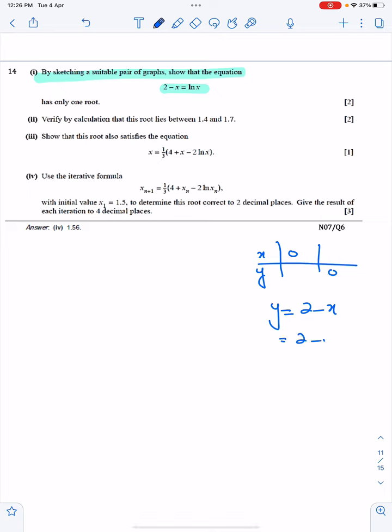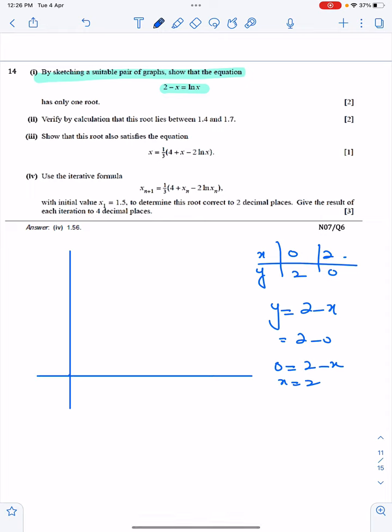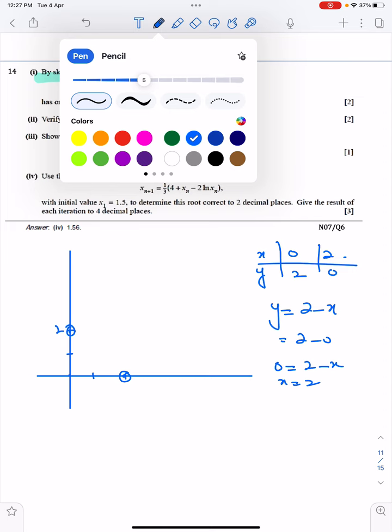So 2 minus 0 is going to give me a 2, and if I take y as 0, I will get 2 minus x, so x will become 2. That means I have to plot (0, 2) and (2, 0). (0, 2) is this point and (2, 0) is this point. So I can plot these two and make a graph out of this.